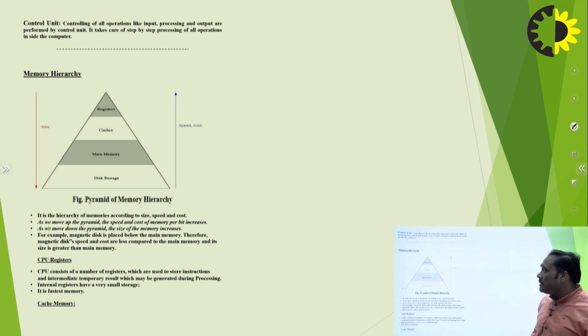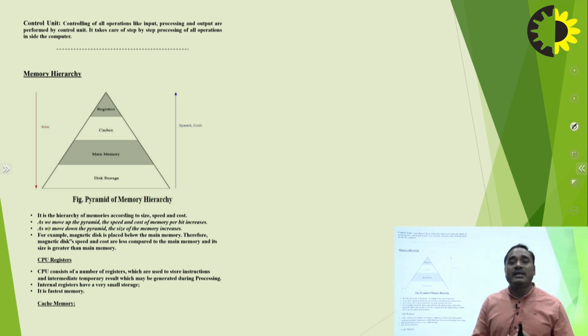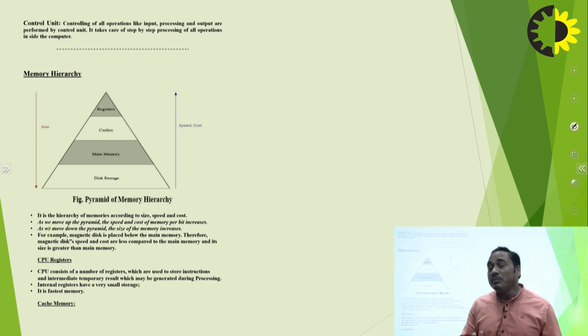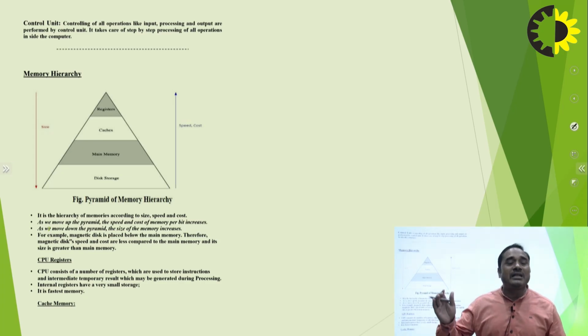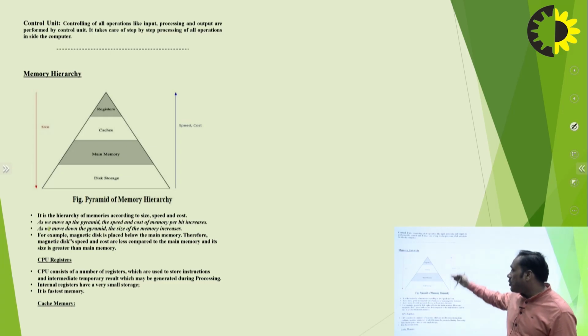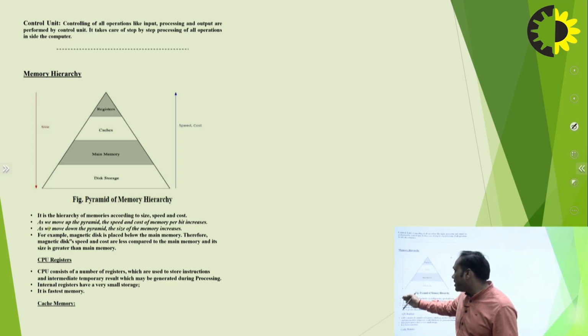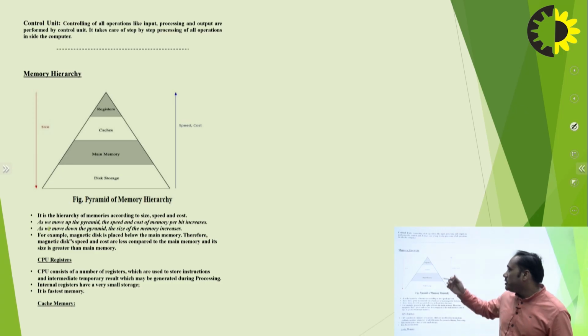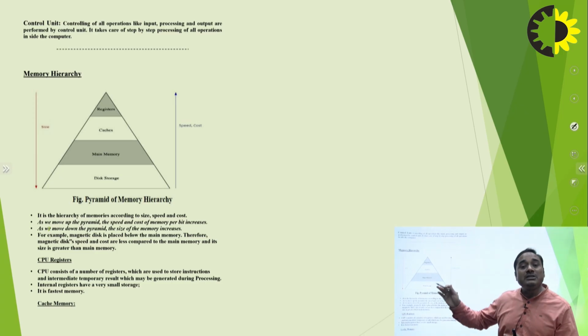And what about the memory hierarchy? Why is memory hierarchy important? Because memory is divided into different categories on the basis of speed, cost, and size. If you are moving from top to bottom, in the form of the red arrow, you increase the storage size, but you lose the speed.